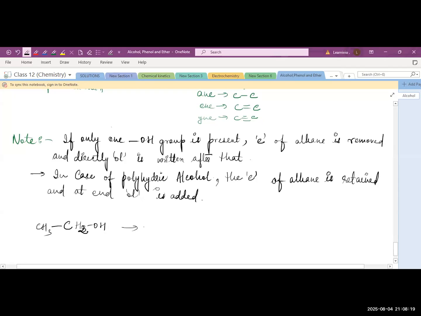So what will I write? I will write ethane, ethane one ol, and directly you can write ethanol. Ethanol means the ethane ends with ol, the secondary suffix, so you remove the E and write ethanol, right?